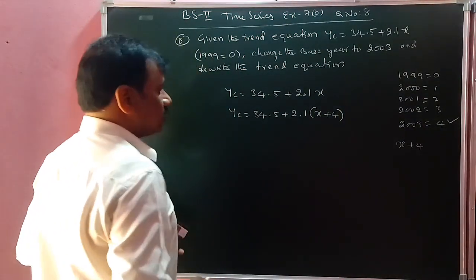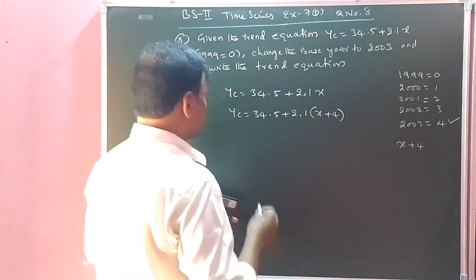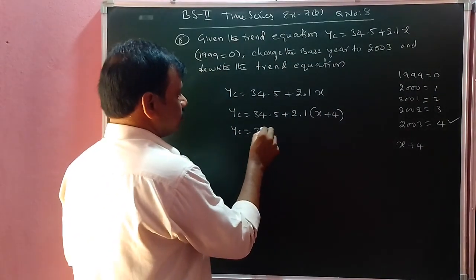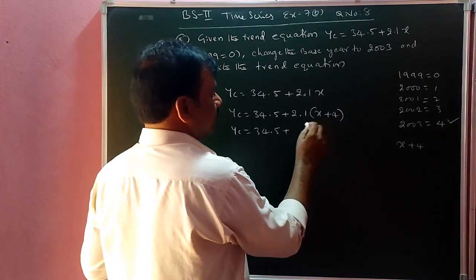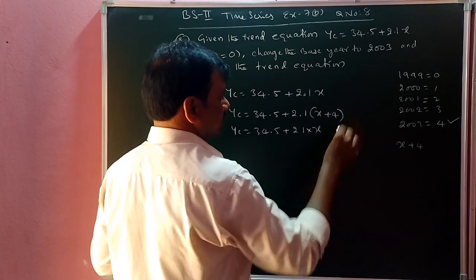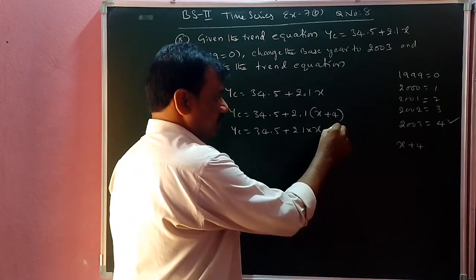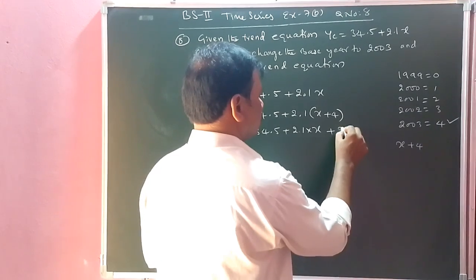Now 2.1 multiplies to both, so YC equal to 34.5 plus 2.1 into x, and plus as it is 2.1 into 4.